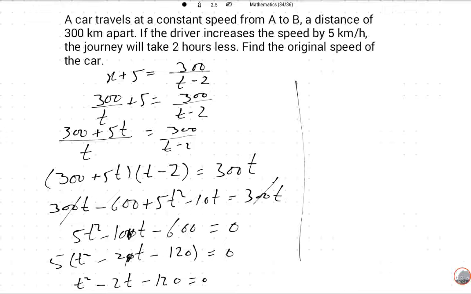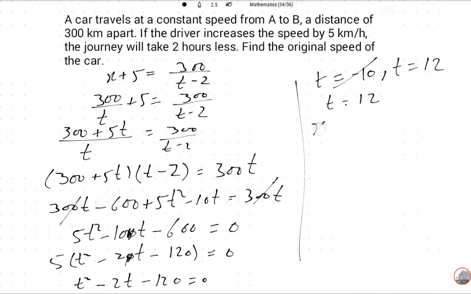I am using the calculator and I will get the value of time. t is minus 10 or t is equal to 12. So minus 10 we will neglect. So time is 12.